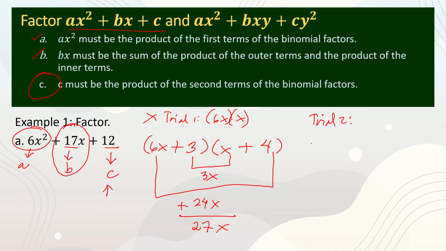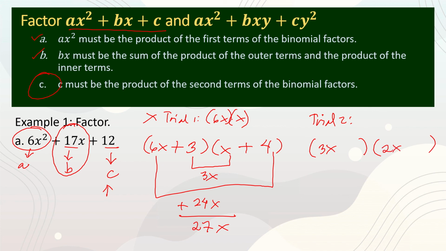Okay? Same pattern. Dalawang binomial. The first terms must be the factors of our ax squared, yung first term ng given natin. So perhaps in my end, I will try 3x and 2x this time.